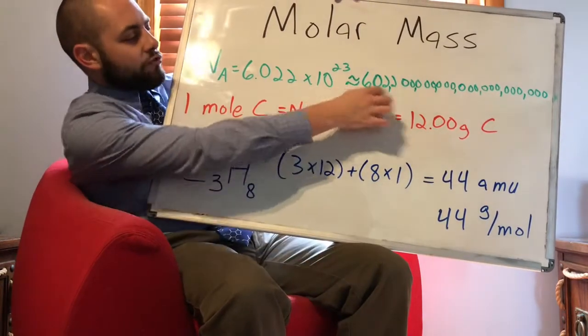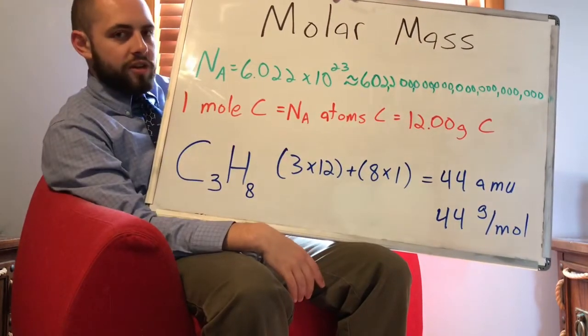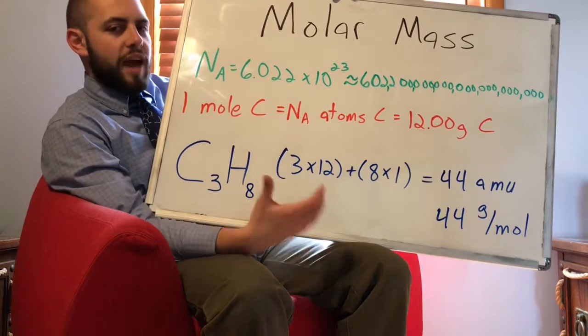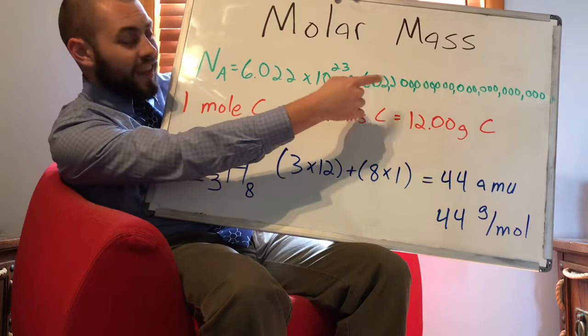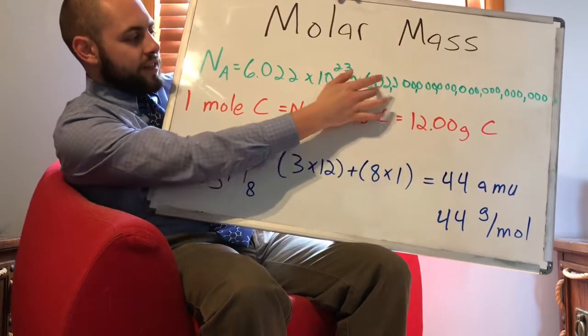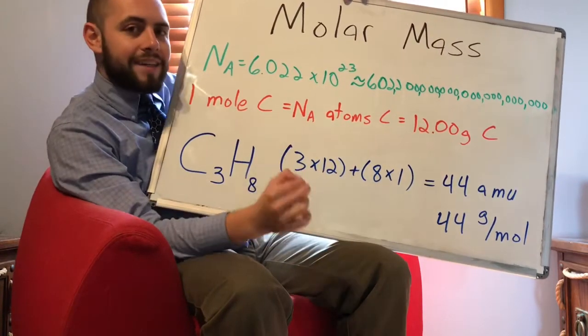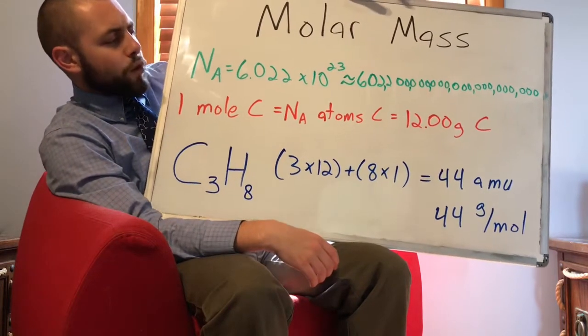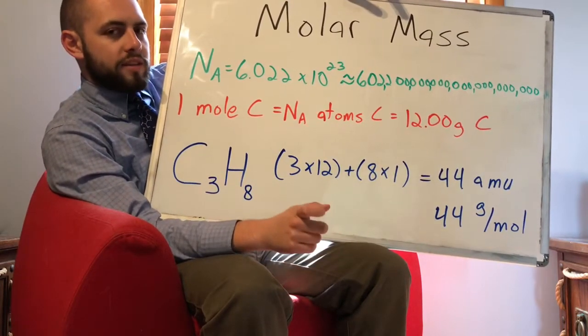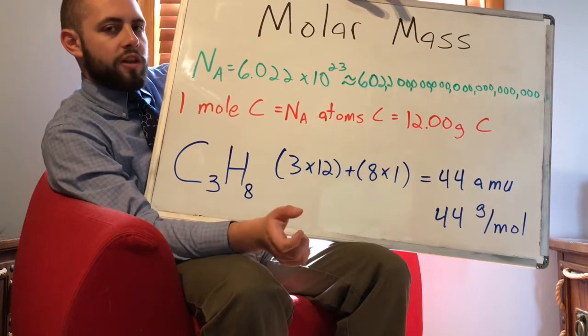And then I actually wrote out Avogadro's number today, so you can see just how big that really is, 10 to the 23rd power here. It's a huge number, 602 hexillion, a very, very big number. But that's good, because we're counting very small things, like atoms or molecules.